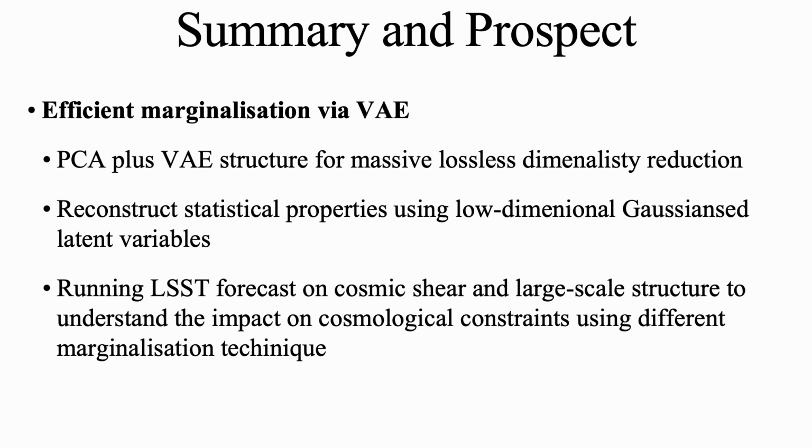The PCA plus VAE model can serve as an alternative nuisance parameterization for LSST cosmological analysis. We are currently performing forecasts to investigate the impact of the marginalization techniques on cosmological constraints.